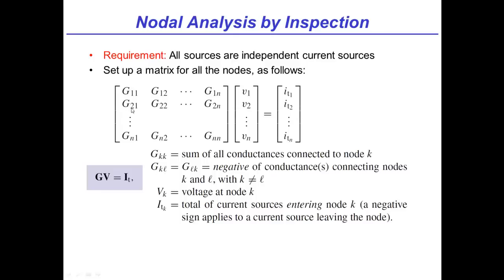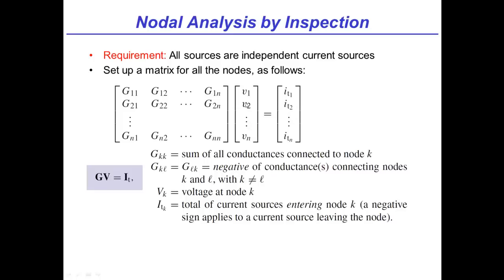So, for example, G21 here is filled in with the negative of the conductance that connects, say, node 2 and node 1. So let's say between node 2 and node 1 in your circuit, you have a resistor of 3 ohms. So you would have a negative 1 over 3, because the conductance of a 3 ohm resistor is 1/3, and then you put a negative in front of it. Again, don't worry if this is all a little bewildering. We're going to go real slow in a minute with an actual example.